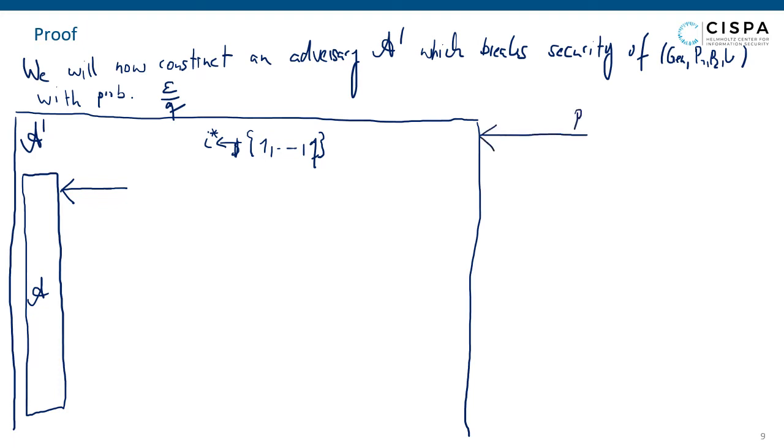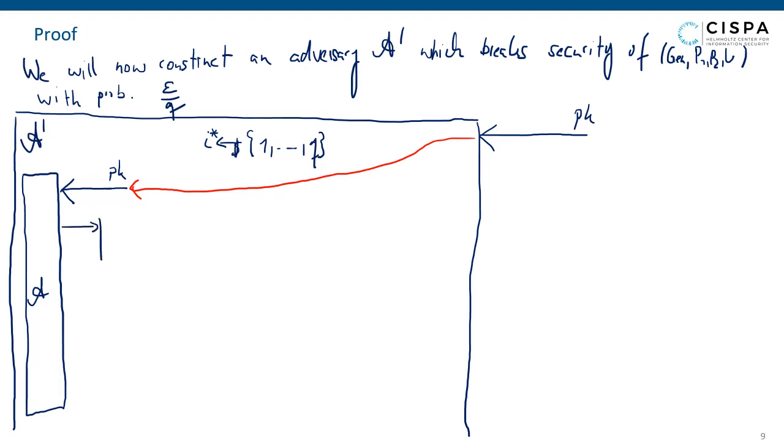So in the first message, it obtains a public key PK. It just uses this PK and forwards it to A. Next, we need to simulate a signing oracle to the adversary A. How do we do this?